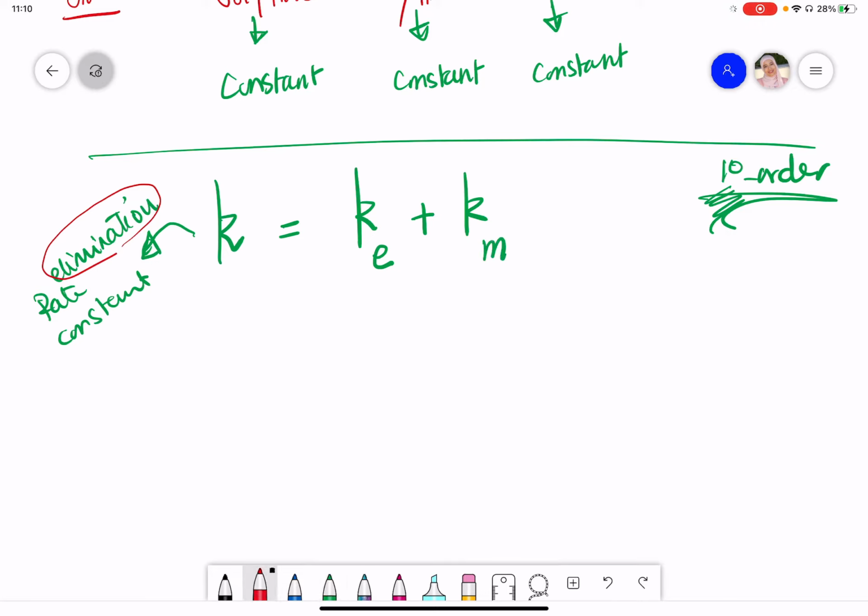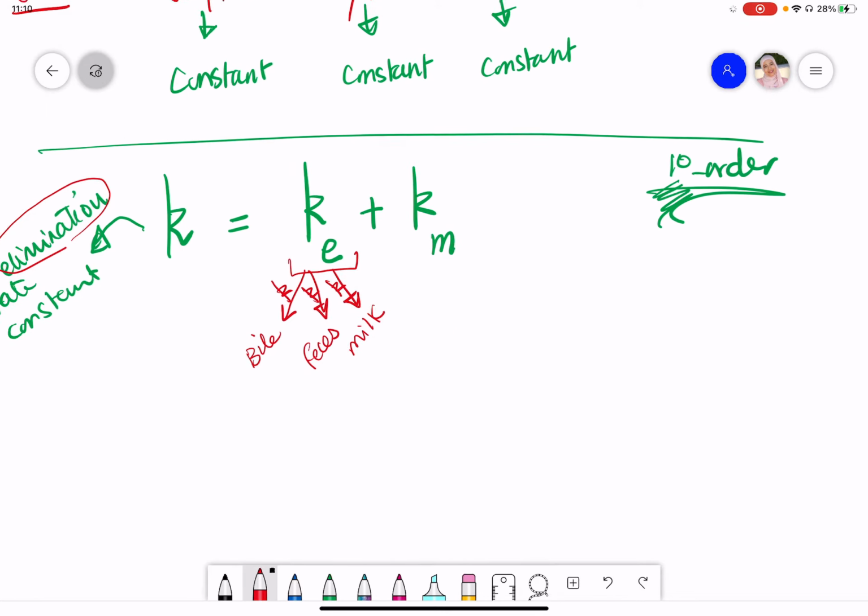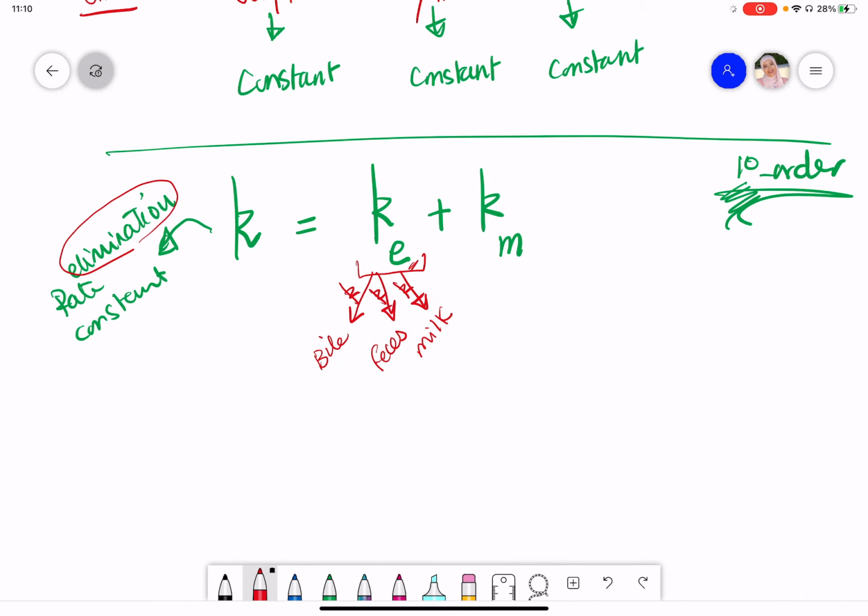Each one of them is the sum of all the constants of the individual processes. In this case, the excretion processes could be in the bile, in feces, in the milk, or any constant related to different tissues or pathways involved; they are excretion constants. Or it could be related to metabolism, which may happen in each and every organ, but we are more concerned with whatever is happening to the drug that we are testing.